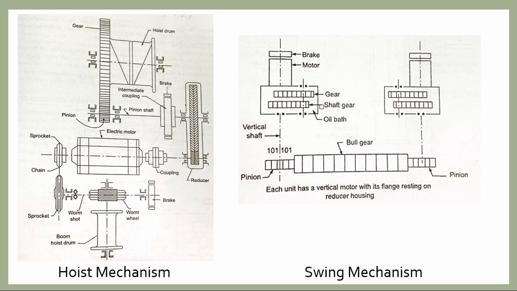This is known as the swinging pinion, which is always in mesh with the bull gear. So these are the basic mechanisms of the swinging mechanism of the electric shovel.